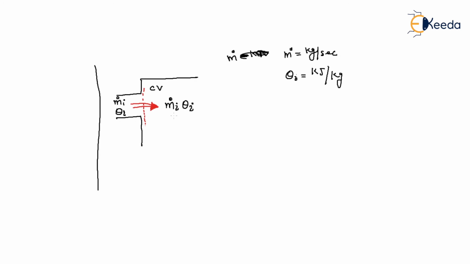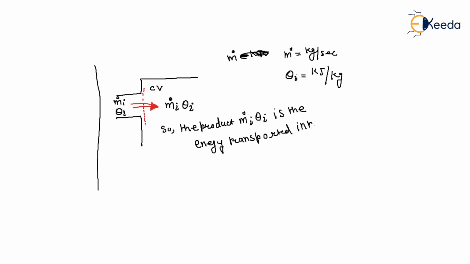The product m dot i theta i is the energy transported into the control volume by mass.